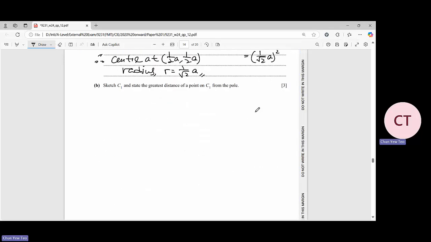B, they want you to sketch C1 and state the greatest distance of the point C from the pole. Again, I draw freehand, but in the exam, don't draw freehand. In the exam, you need to draw with a proper scale. So this is theta equal to 0, this is theta equal to pi over 2. Your center, half of a here, half of a is here.